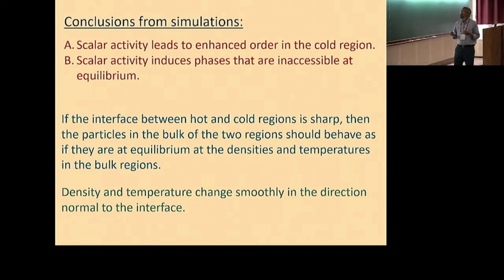And for the case of spherocylinders, we find that there were certain phases that people could not find in equilibrium for a particular range of values of this anisotropy L divided by D. But in some of the simulations that we have done, we have found that those phases can actually be found by doing this trick, that heat up half of the particles. That will induce some order in the remaining half, which is cold. And the order that you can find there sometimes cannot be seen in an equilibrium system.